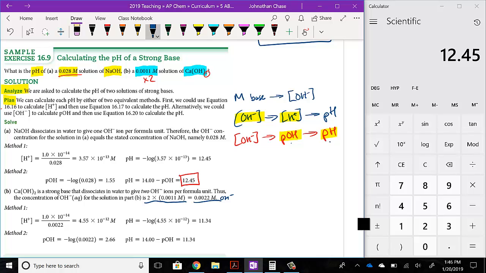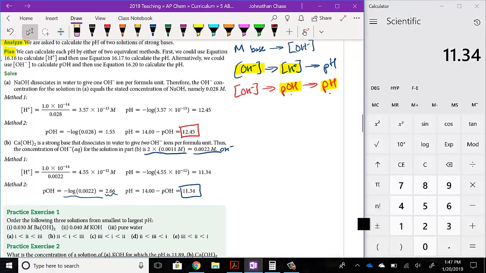Here we have pOH is negative log of 0.0022. Doing that in my calculator, I plug in 0.0022, log and negate, and you get 2.6575. Rounding that, you get 2.66. So 14 minus 2.66 is going to get us 11.34, which is our answer to that.